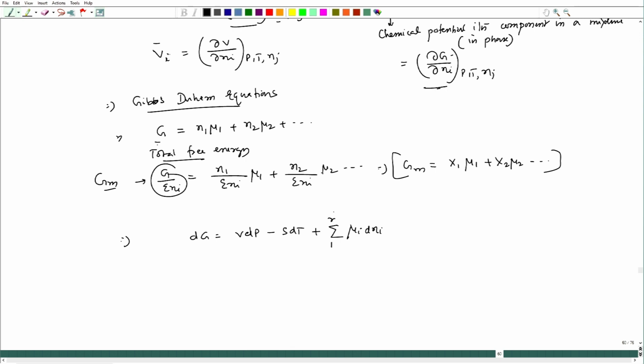So, this is my generic equation for Gibbs free energy for the system.